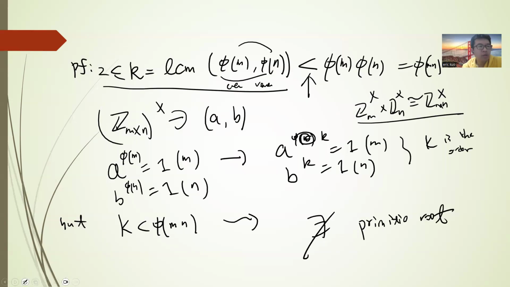So since M and N are both greater than 2 and coprime, there are no primitive roots.